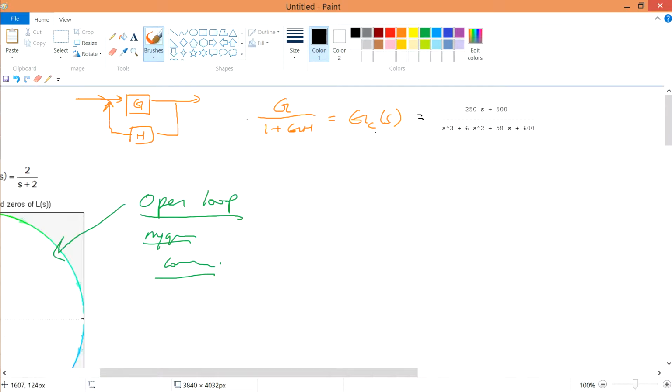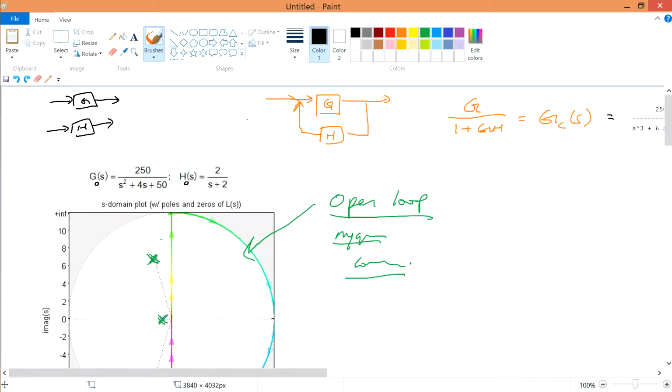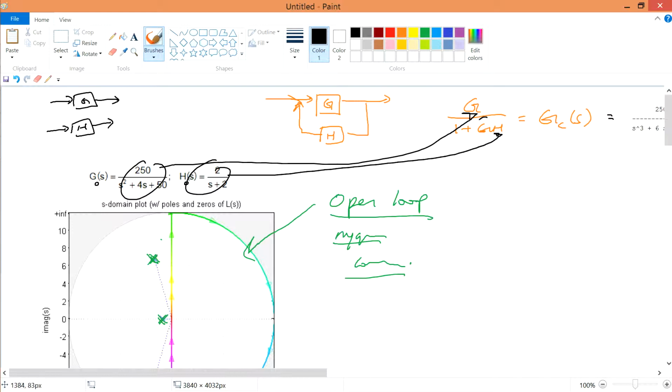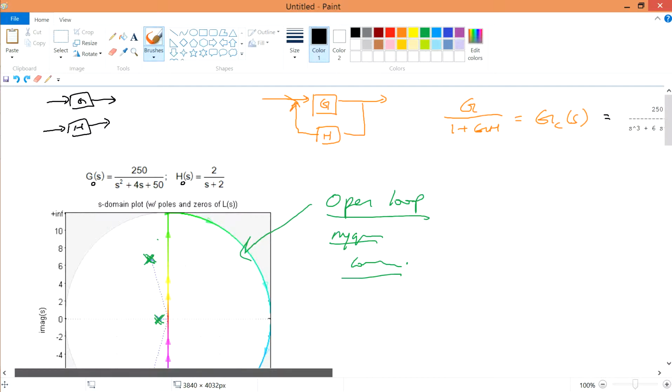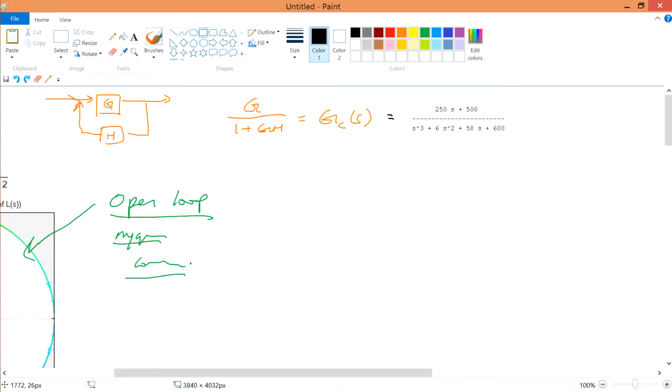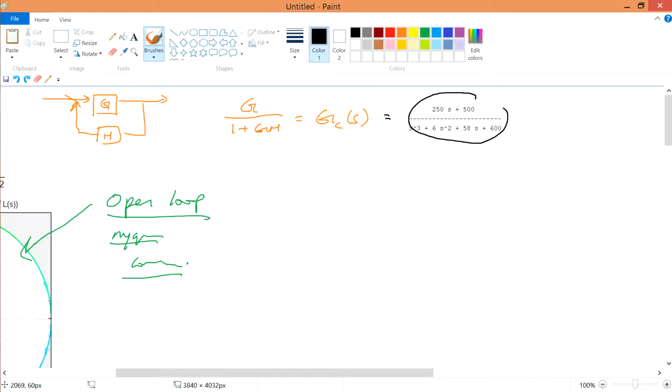Then we substitute in G, which is simply the equation over here, and H is substituted over here also. When I substitute in the equations, rearrange, and eventually I get this equation over here, this is in fact our system response.